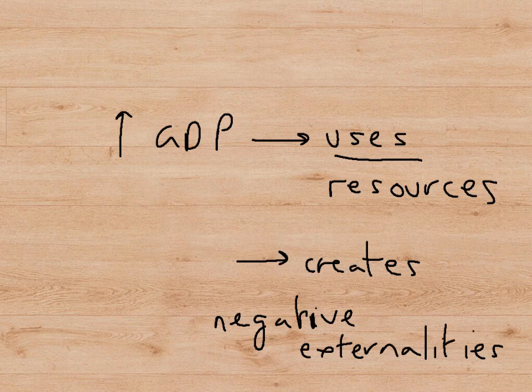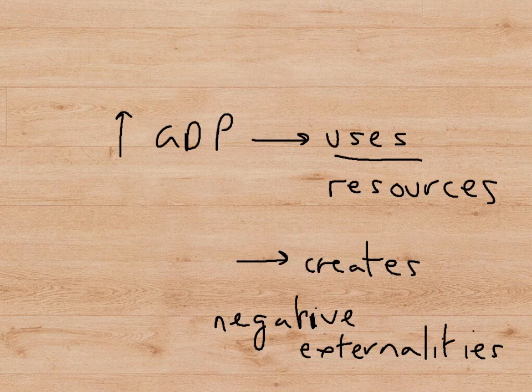And economic growth also creates negative externalities such as pollution. So these are two facts about economic growth that we can't really get away from. We use scarce resources and we create negative externalities. So this gives us a clue as to what we mean by sustainable economic growth.